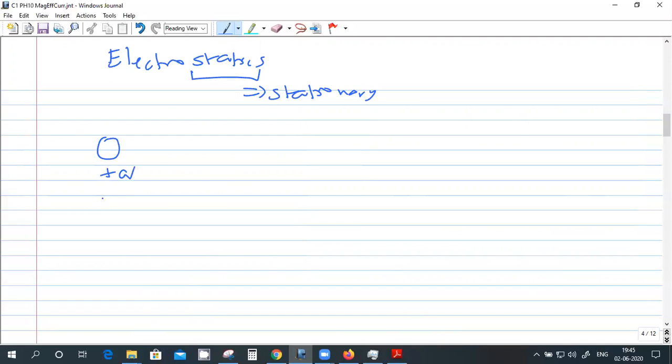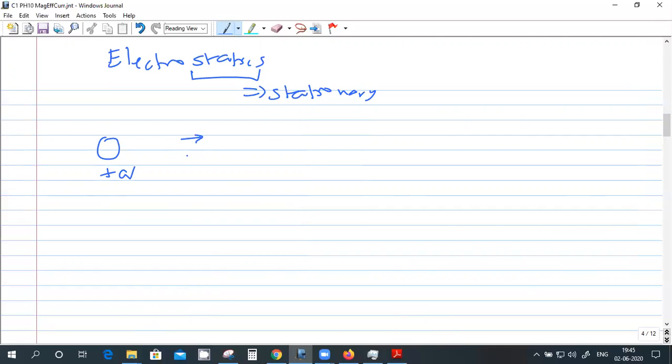Electrostatics means the charge is stationary, right? Statics means stationary. So even a stationary charge, say plus Q, at rest, not moving, will have an electric field around it.